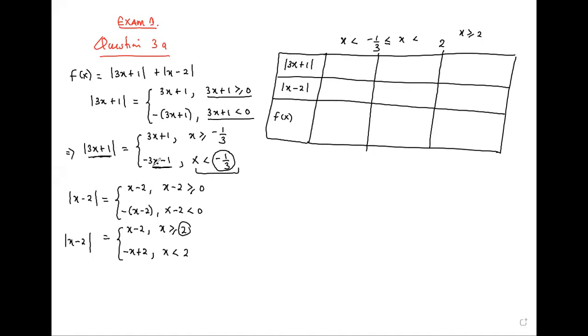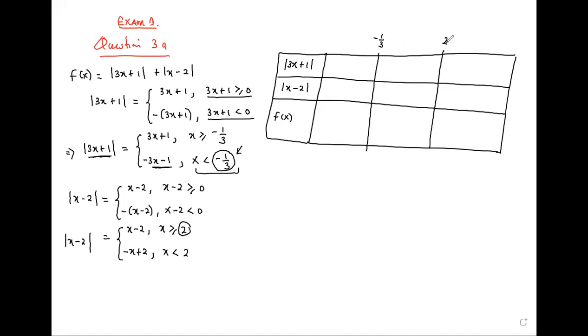Sir, may you please repeat how you're grouping the intervals? So we are picking the numbers negative 1 over 3 and 2. I want to see what happens before negative 1 over 3, in between negative 1 over 3 and 2, and after 2.